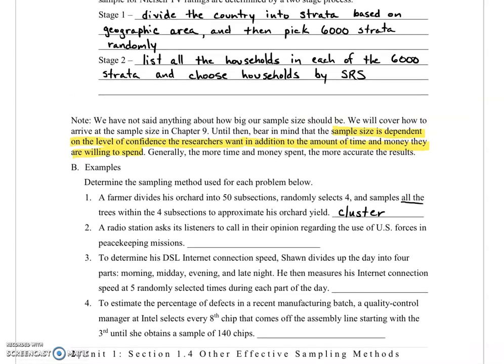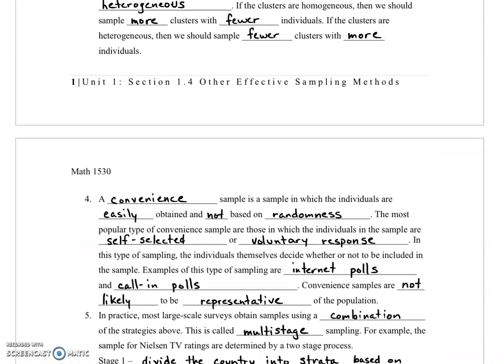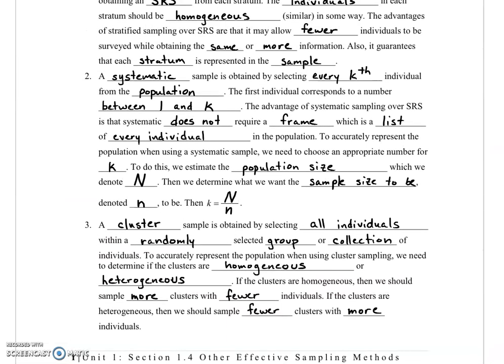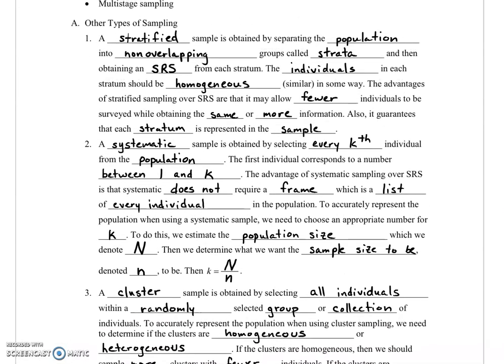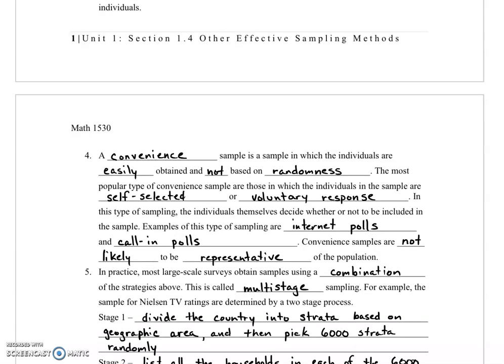So let's scroll back up and let me point out something here. Stratified, well, maybe scroll back down here. Here's some space we can write in.